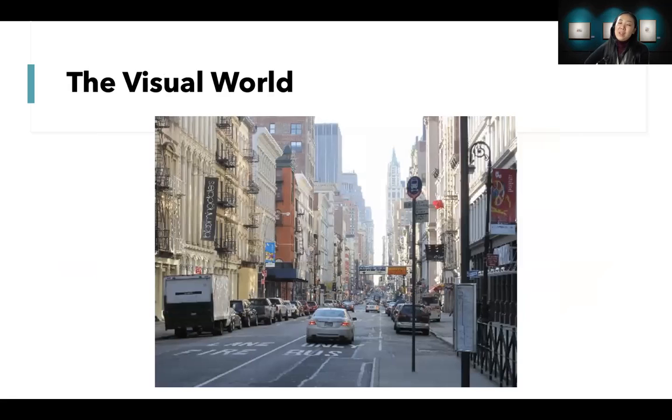And we are living in a visual world, right? Think about how many images you see when you just wake up, maybe yesterday or this morning. When you go outside, you will see traffic signs, roadside billboards, and logos of businesses or stores.